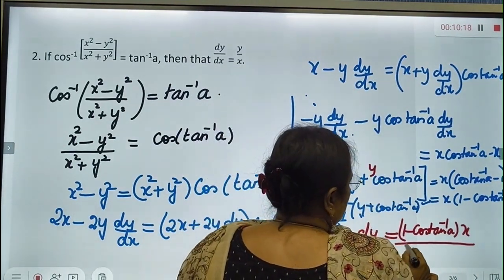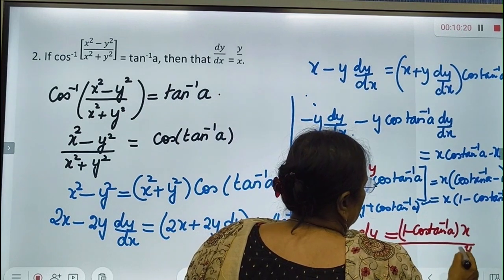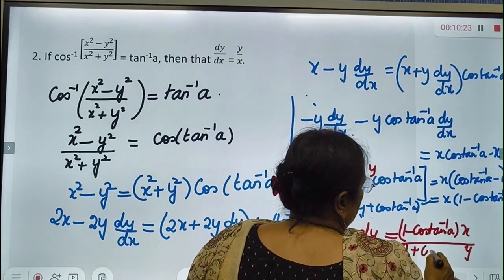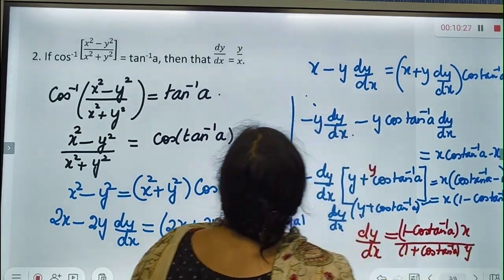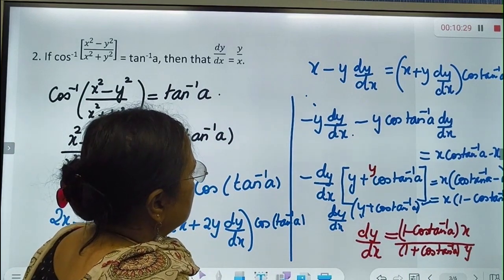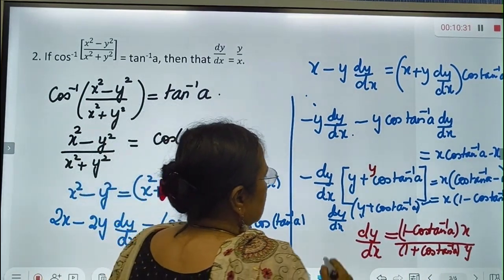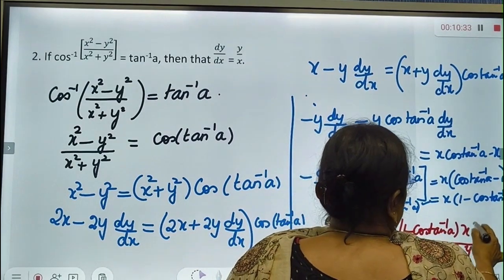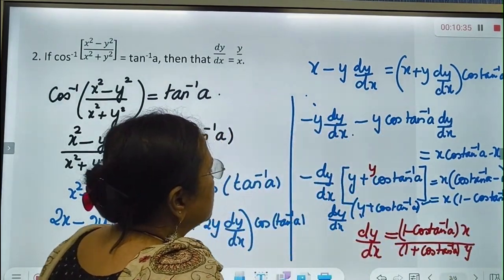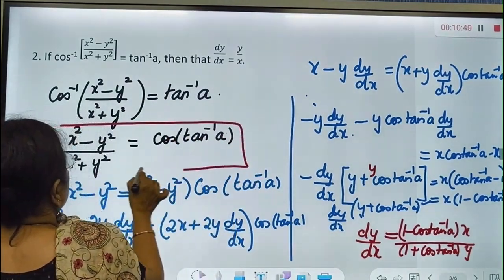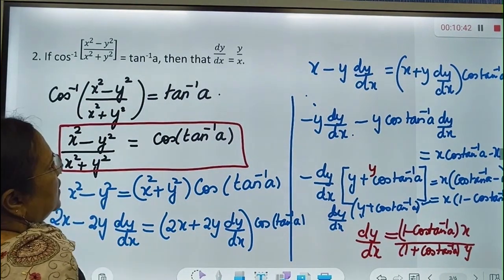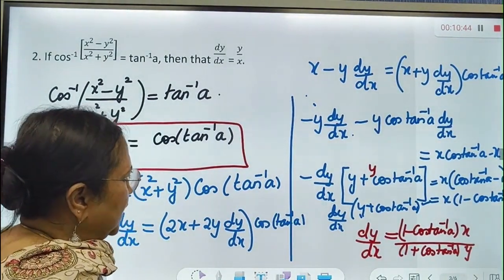So this is y into 1 plus cos of tan inverse A. Okay. Now, is it x or y? dy by dx will be x by y. Okay. Now, what is cos of tan inverse A? Cos of tan inverse A is this. Okay. So, I am going to substitute for that.